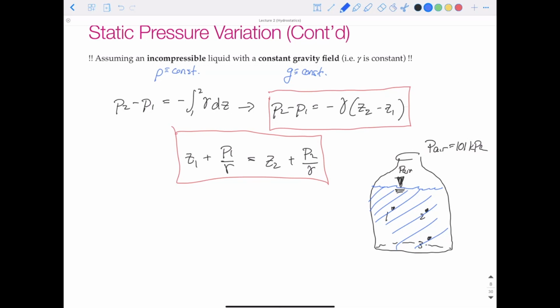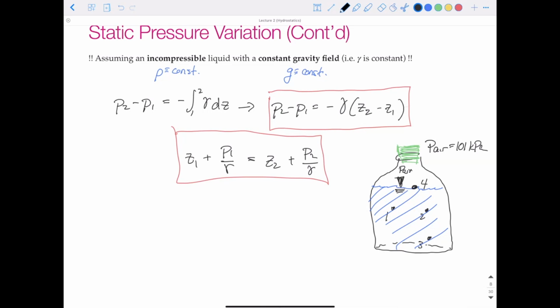Now the enclosed container, the difference might be that if we were to put a lid, let's put a cork, a green cork in here, the pressure at the top of that fluid, when we put it right to the top, might not be the same as the pressure of the air. It might be some other pressure. Now, the pressure at the top of the fluid could just be another point. It could be 4.